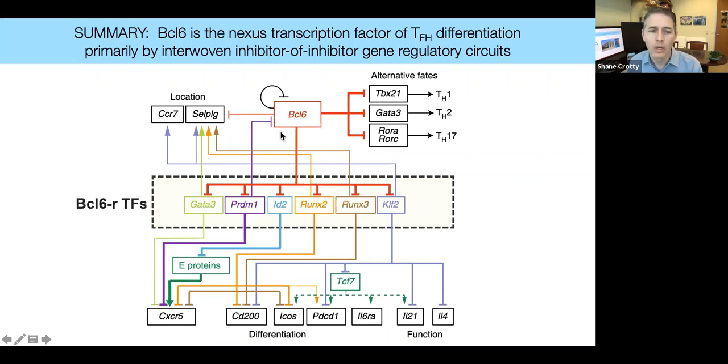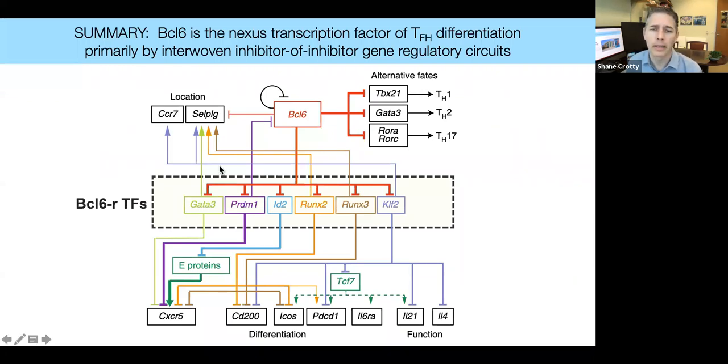But it also drives TFH differentiation and function by repressing a set of repressors that result in upregulation of TFH genes of interest. And each of those repressors control an overlapping subset of the TFH genes of interest, which can explain why, in the absence of Bcl-6, there's really no single transcription factor that can substitute for Bcl-6 and get TFH.